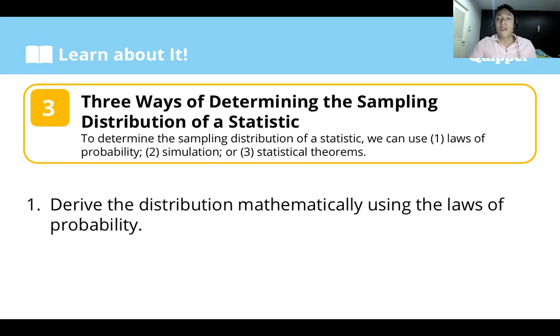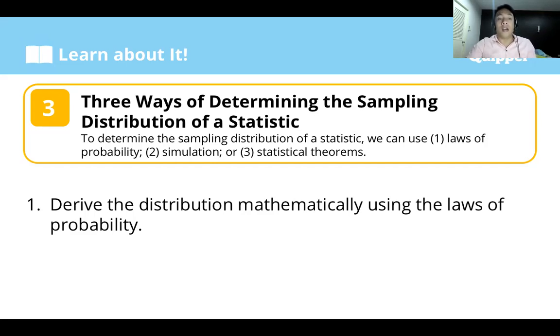Okay, so we can use the laws of probability. What are the laws of probability that we know? Okay, we can use those. Simulation, okay, kung paano mo siya titignan. And then the statistical theorems, okay, those are part of the percentages and other stuff, okay?